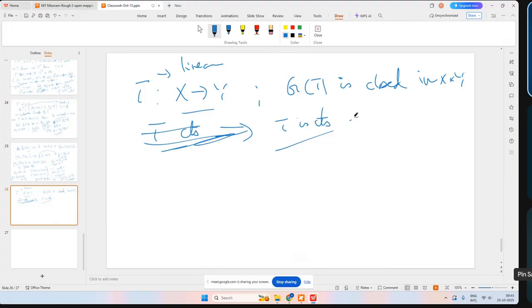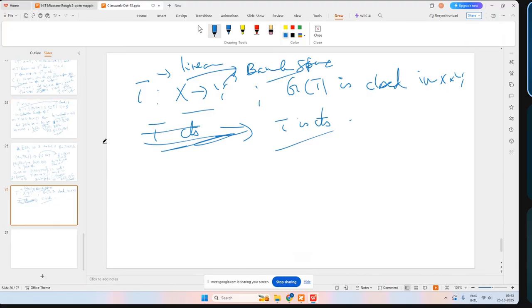So if the graph of the function is closed, then the function itself becomes continuous. That's the closed graph theorem.